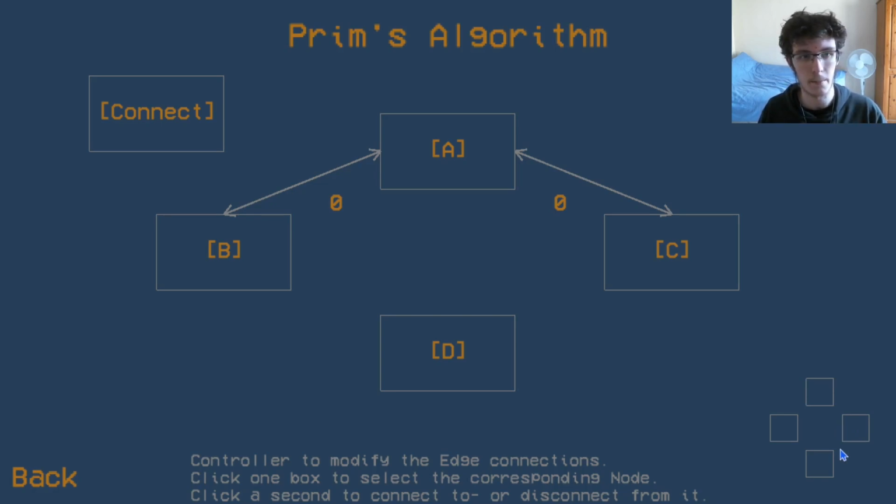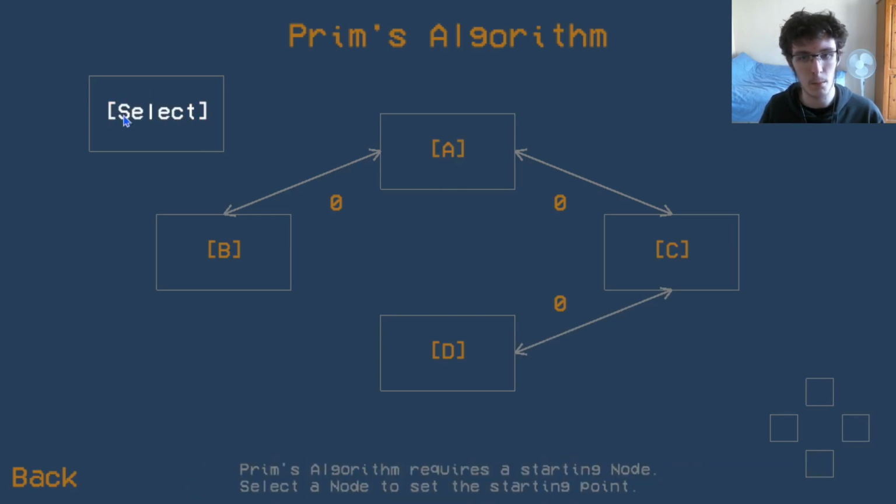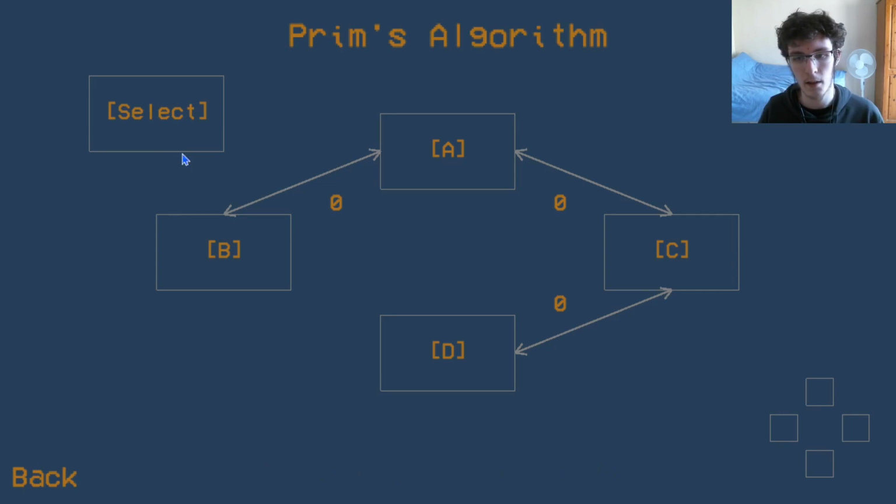This will become a lot more apparent shortly. And as we make a connection to village D, you can see this button changes to select. So we need to select a starting point for Prim's algorithm in order to find the minimum spanning tree. We're going to start at one point and expand outwards.